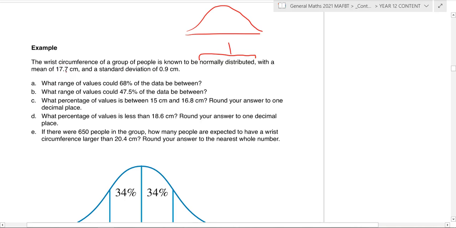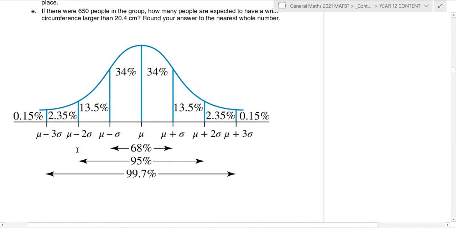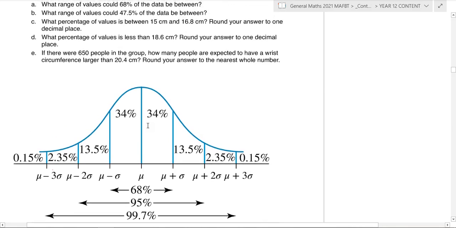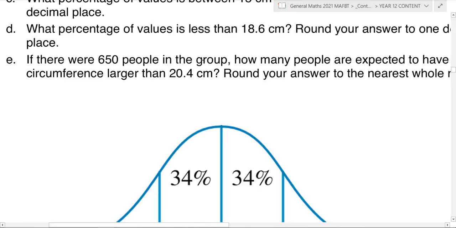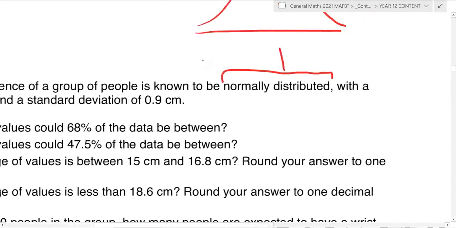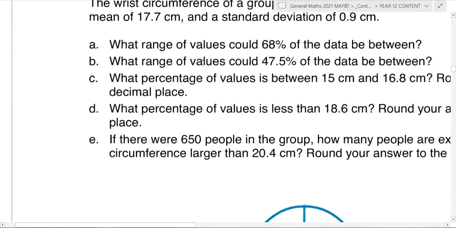All right, so before you actually start, what I would do with these questions is get that graph that we have as a reference point. And what you can do is I normally write down certain labels here. I know that this data falls within normally distributed data, so this will work.